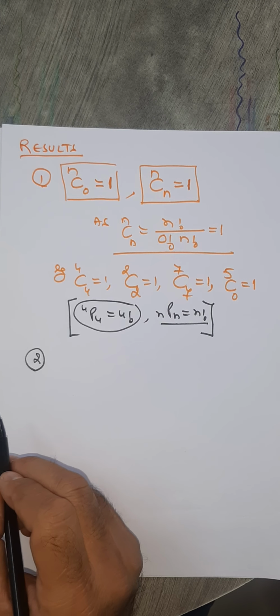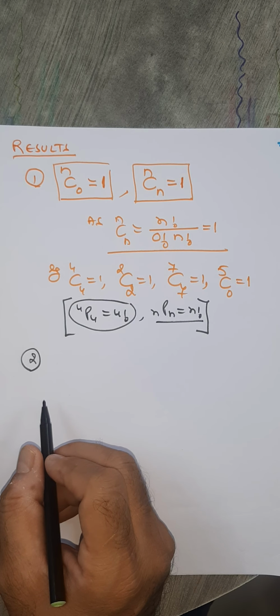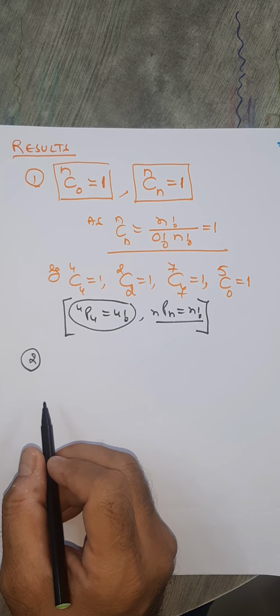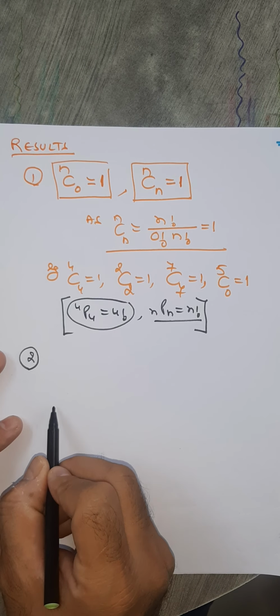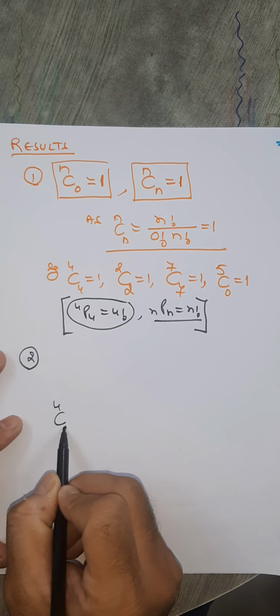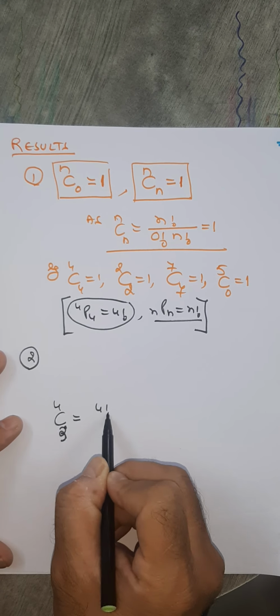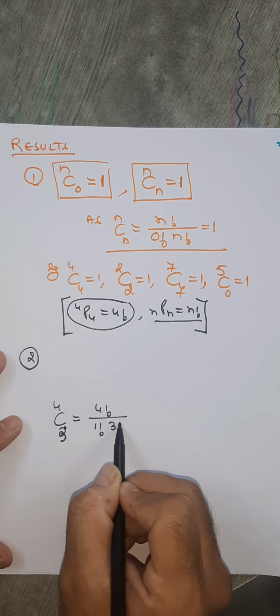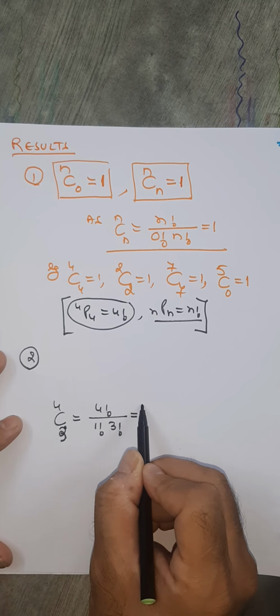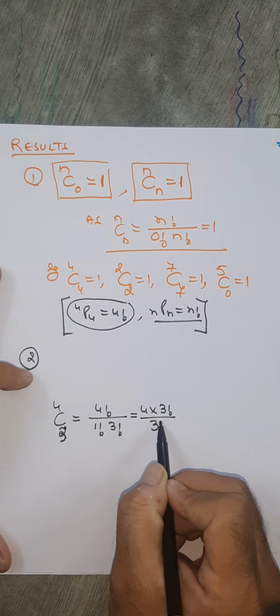The second result: let's find 4C3, which is 4 factorial upon (4 minus 3), that is 1 factorial, into 3 factorial. So this you can write as 4 into 3 factorial upon 3 factorial.